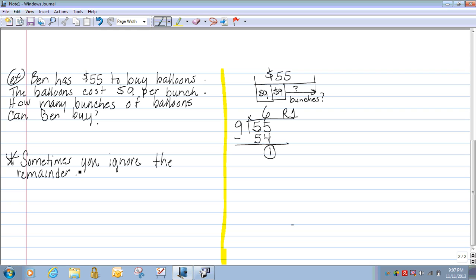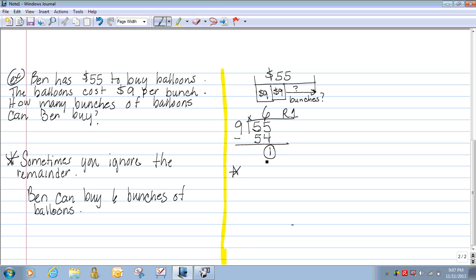When would you ignore it? You might ignore it this time when they ask you how many bunches of balloons he could buy, because he could only buy a total of 6 bunches of balloons. With 1 remainder, we wouldn't be concerned about it.